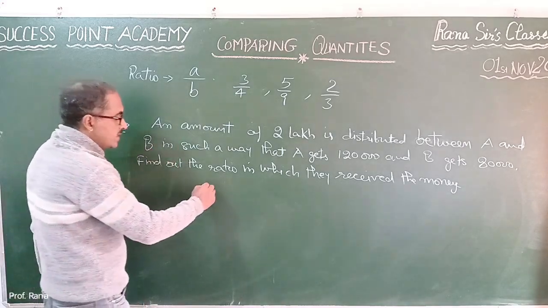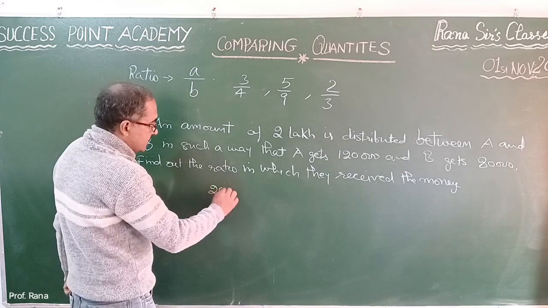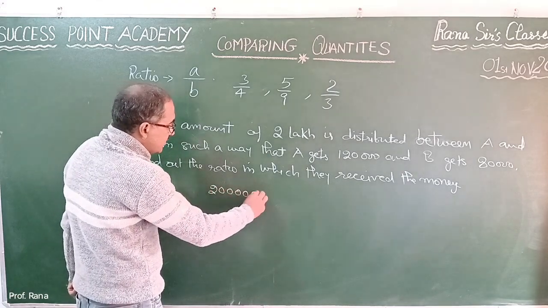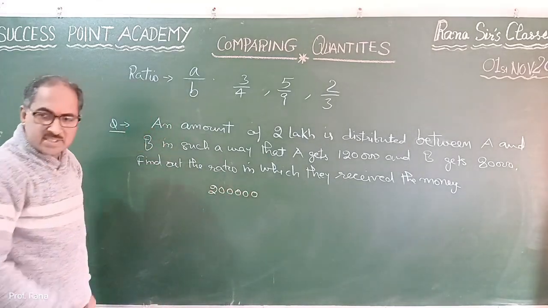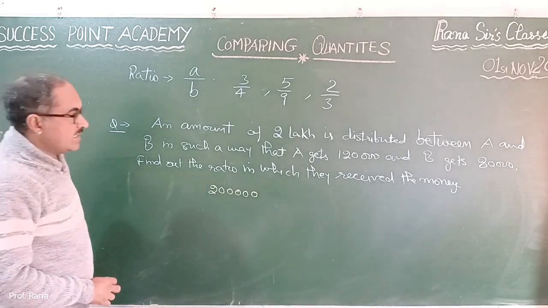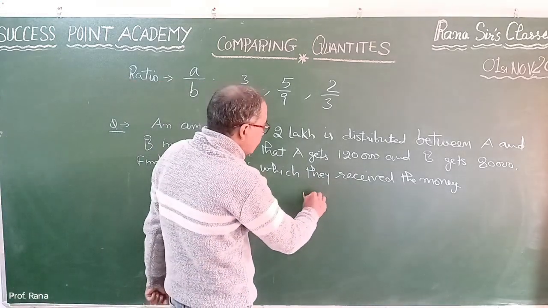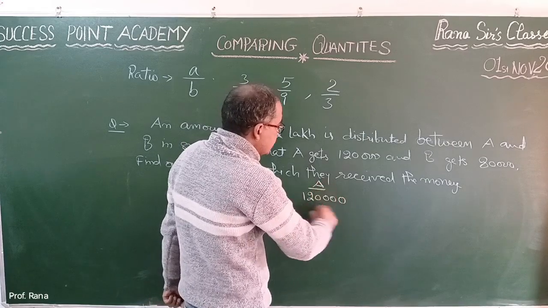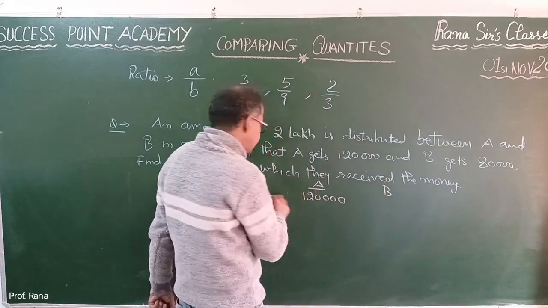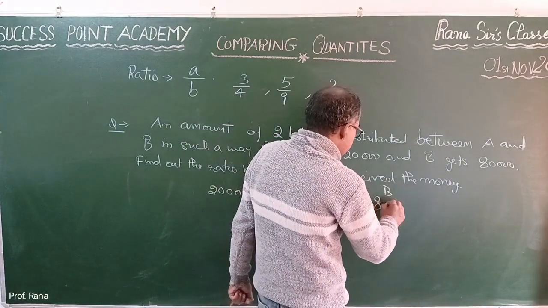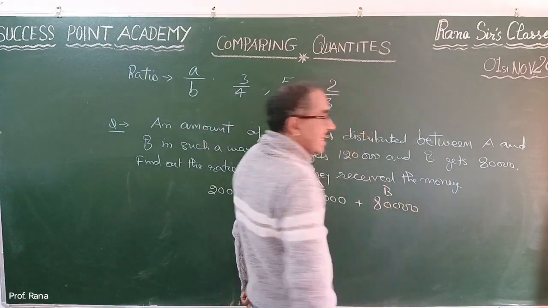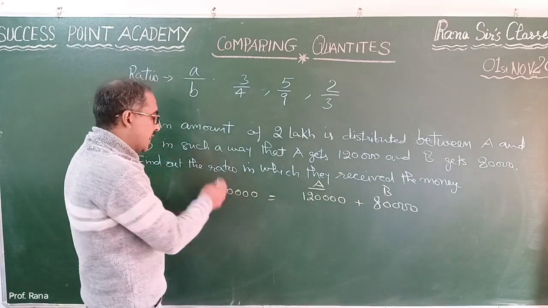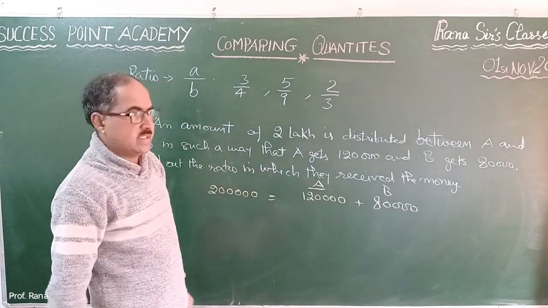So the quantity is 2 lakhs, means final quantity is this, right? And one is getting 1,20,000, A, and the other person is getting 80,000, B. If both are combined, then we get 2 lakhs, 120 plus 80.